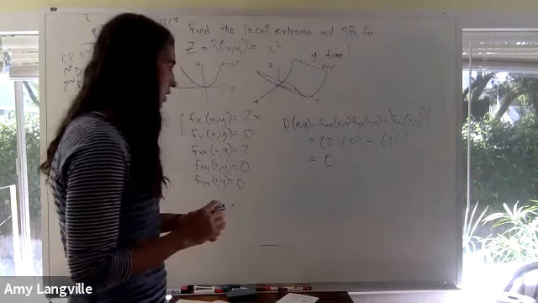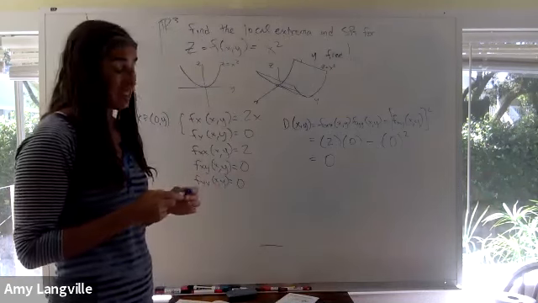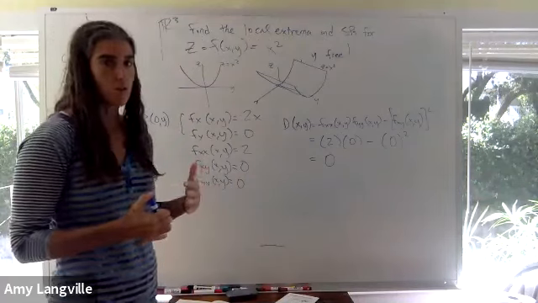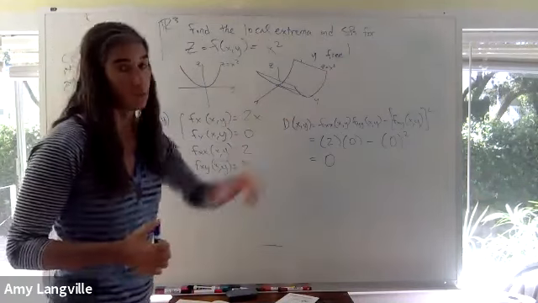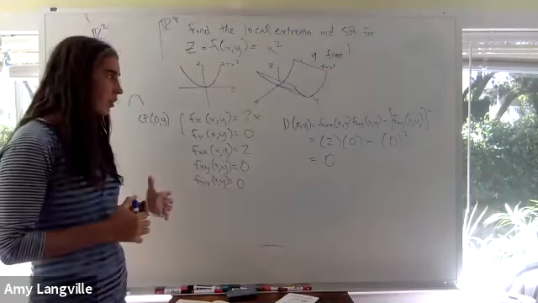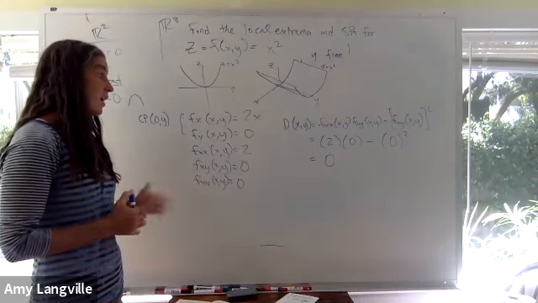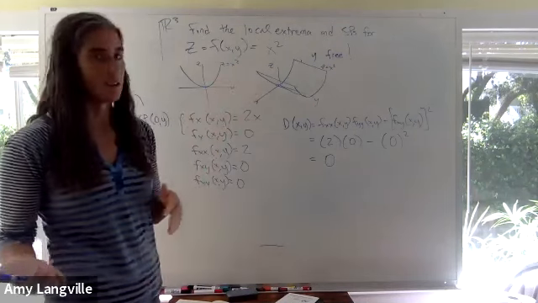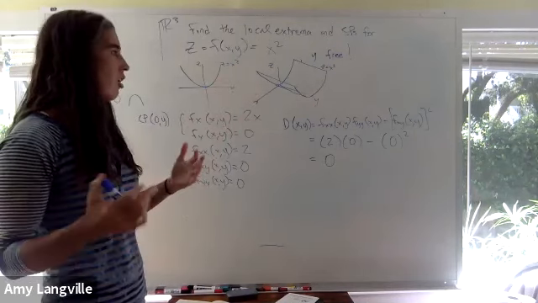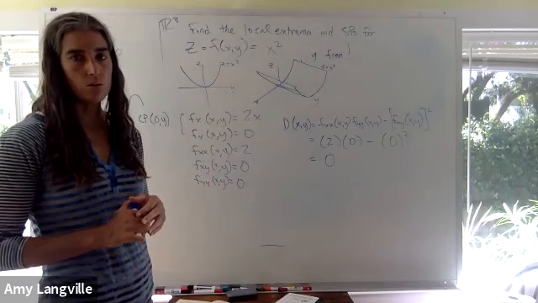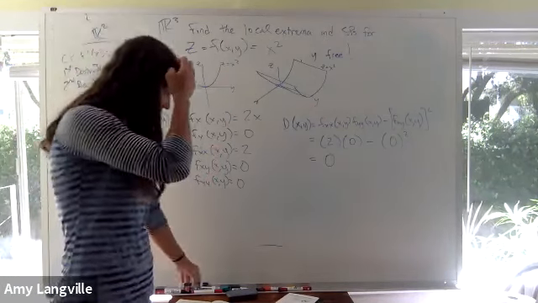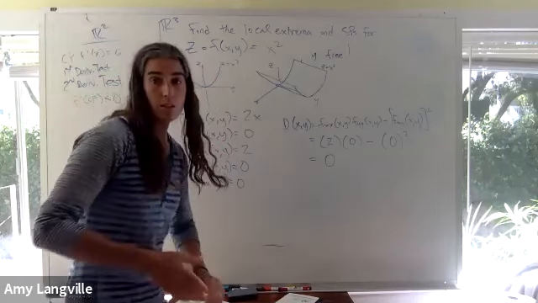So the d-test, this is an example of case 4. The d-test didn't help us. It's inconclusive. The d-test fails to tell us whether these CPs, the y-axis, are local min or local max, saddle point, or neither. And in this case, it's such an easy surface that it doesn't really matter that the d-test failed. We have other means to figure out local extrema for this problem. But just know it could happen, it could exist. All right, that's it for this one.